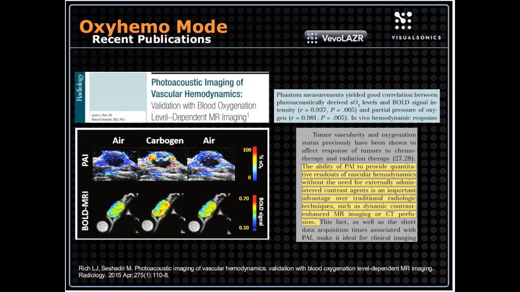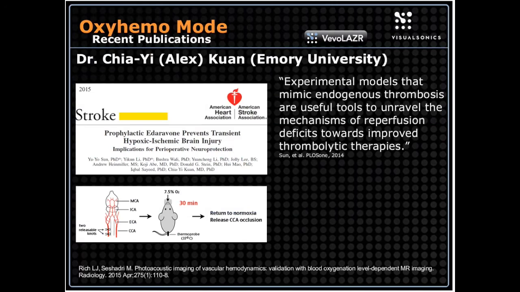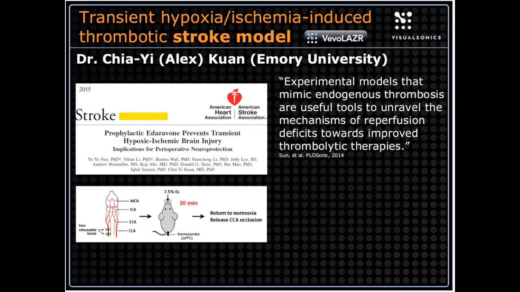The main difference between the BOLD MRI and the photoacoustic is that photoacoustic imaging you could do longitudinally continuously throughout the study, whereas the BOLD MRI you do at different time points. This continuous imaging allows you to assess dynamics inside a certain experiment.